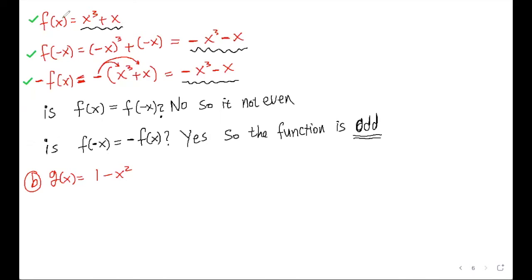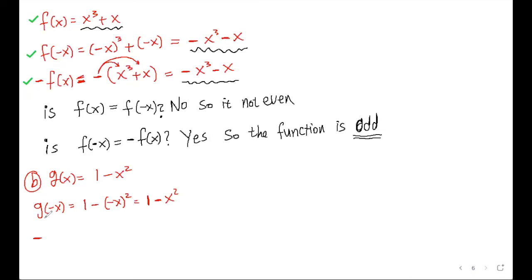So he said it is even. If you substitute negative x, what do you get when you substitute? 1 minus what? Squared. 1 minus negative x squared is 1 minus x squared.